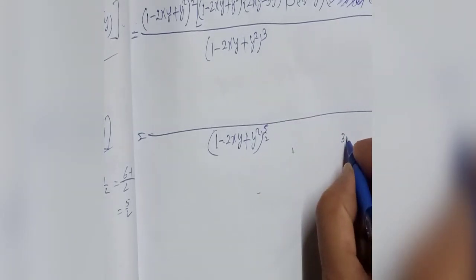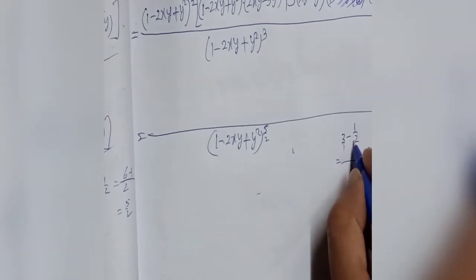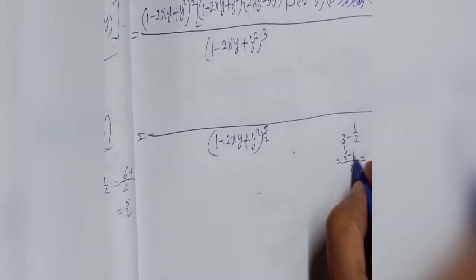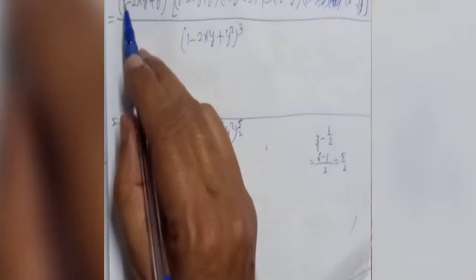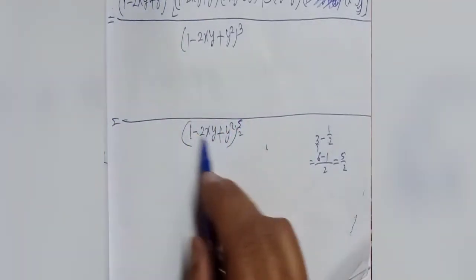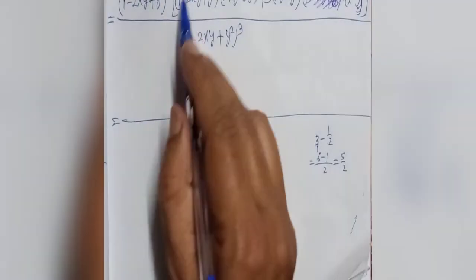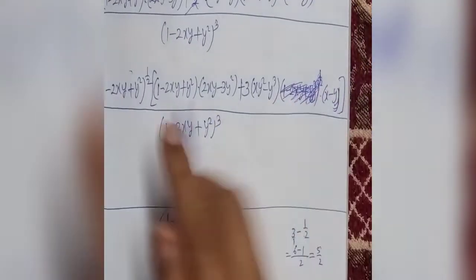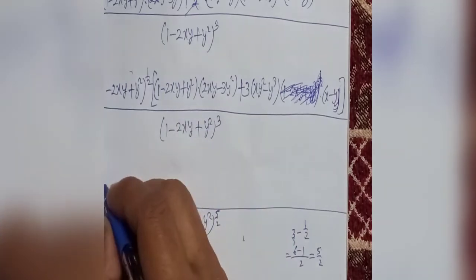I subtract 1/2 from 3 by taking LCM 2: 3 equals 6/2, minus 1 gives 5 upon 2, which I write here. So this bracket is combined with this, and I only have to write this value. So start from this.